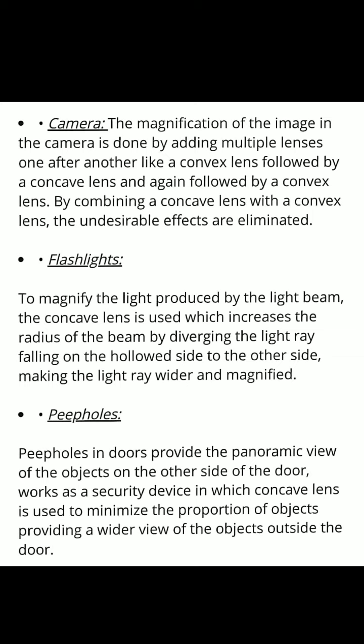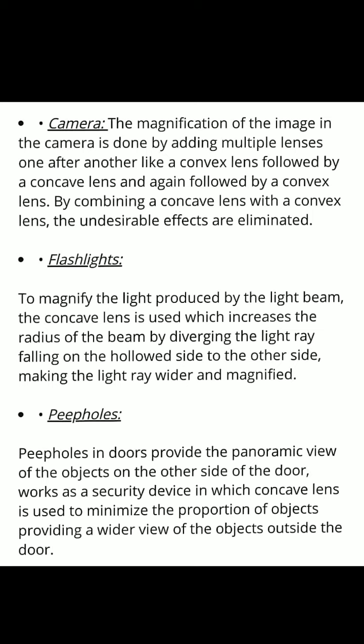We can call it the door viewer, a security device that gives us a panoramic view of the objects outside the walls or the doors. In this case the concave lens is used because it has a wider field of view and it minimizes the object, so if two or more persons are standing there, we can see them.